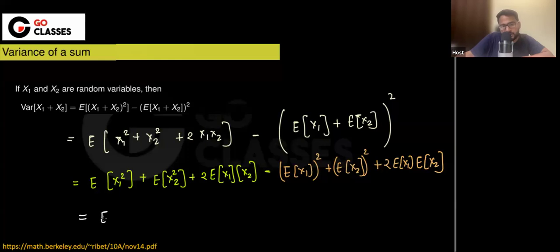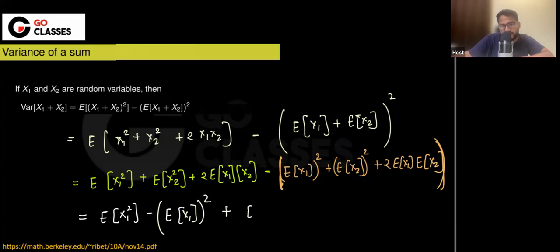So you can write like this: expectation of x1 square minus expectation of x1 whole square. These are the brackets, right? You can put the x1 terms together.